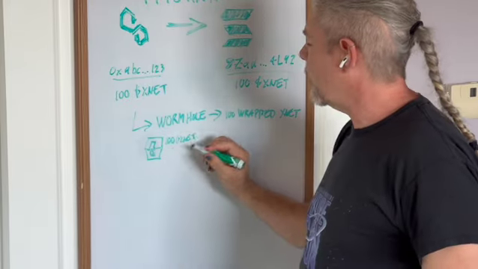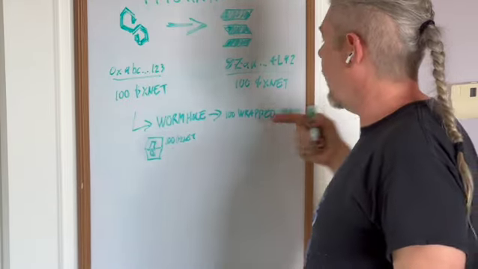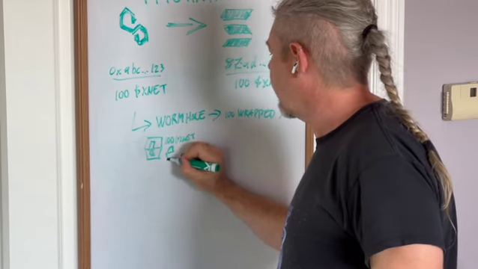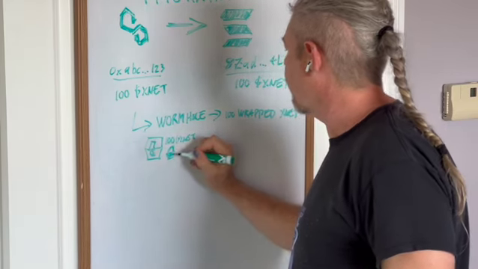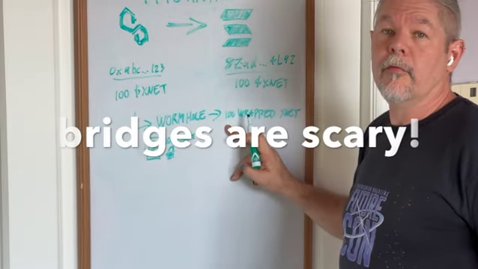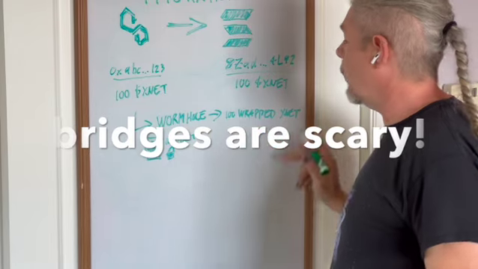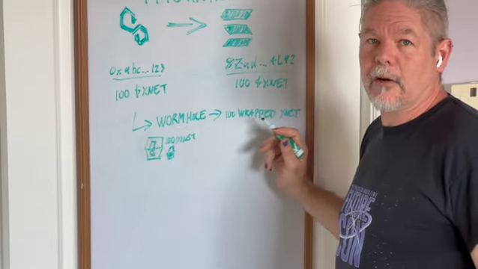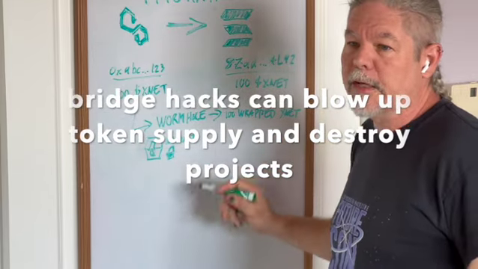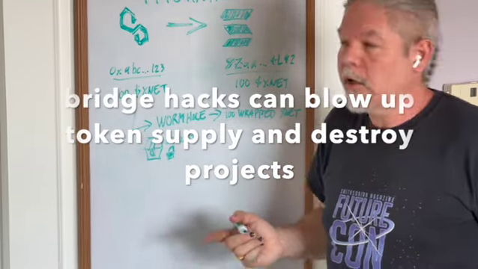And these are locked forever, or at least they're locked until they were to come back across the bridge. But they're locked, right? And the validity of these 100 wrapped tokens really depends entirely on there being these 100 tokens that are being held over here, but not even on the same chain.